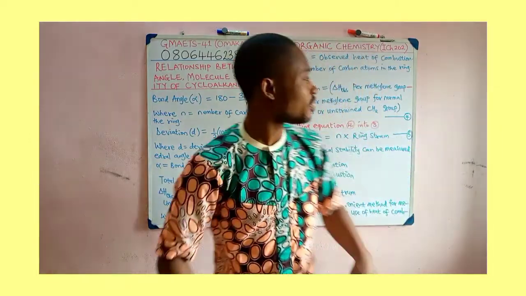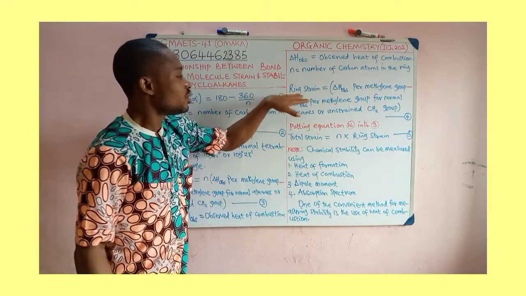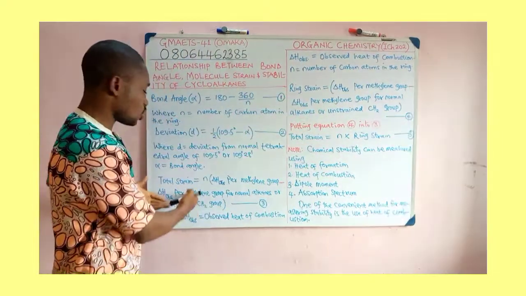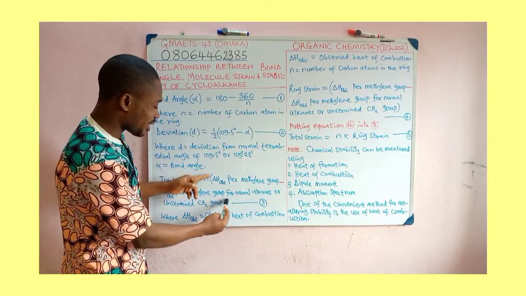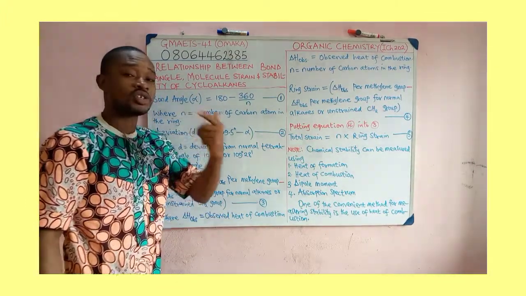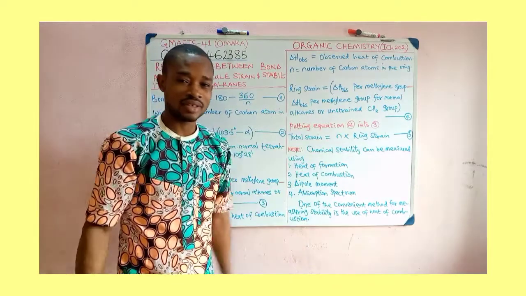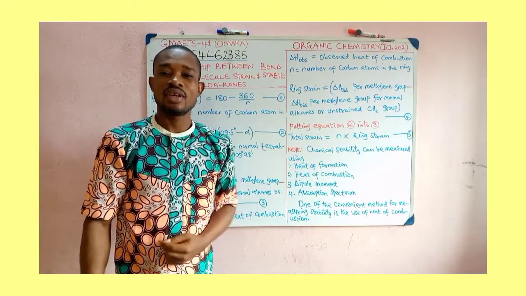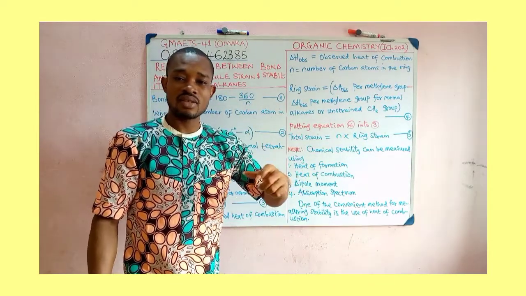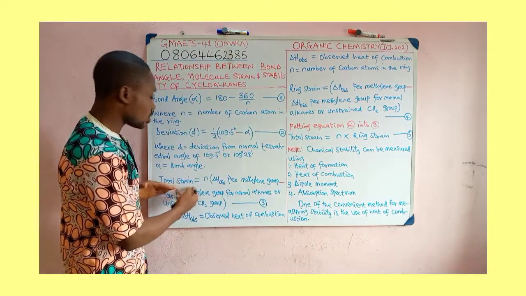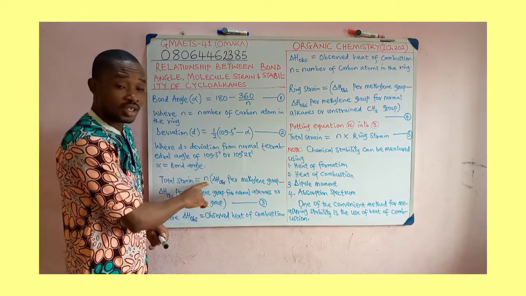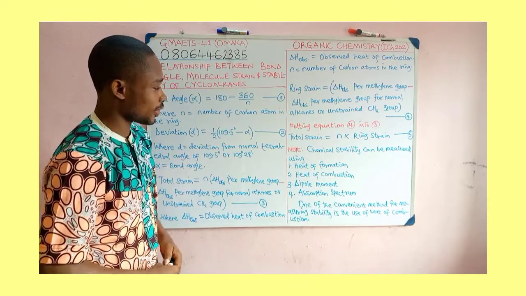Okay, now having said that, let us look at ring strain alone. Remember that here is total strain. This term in brackets alone refers to the ring strain. So you can convert it to total strain by multiplying by what? The number of carbon atoms in the ring.